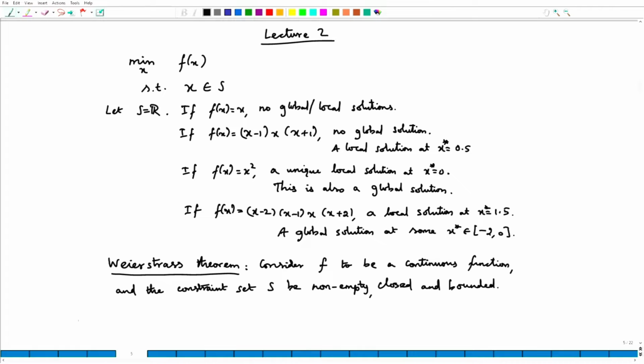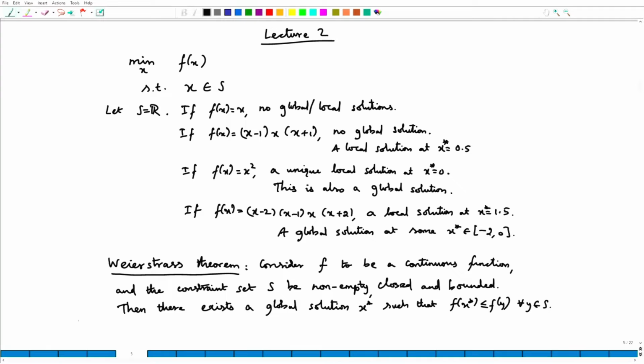If all of these conditions are satisfied, then there exists a global solution x star such that f of x star is less than or equal to f of y for all y in S. This is called the Weierstrass theorem.